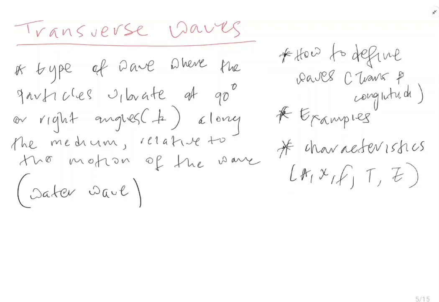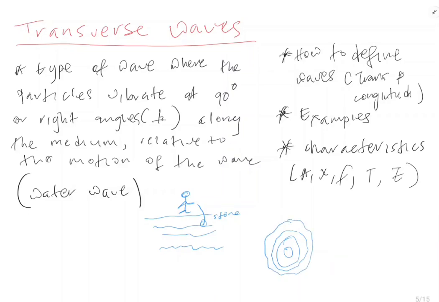A very simple example: if you have a body of water, and you are there with your friends and you just throw a stone, you tend to notice that the water will start rippling in such a way. So you've generated what we call a transverse wave.